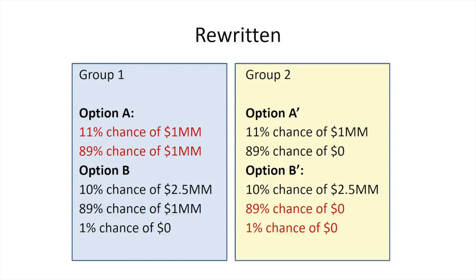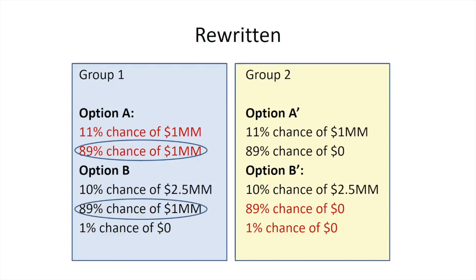Now I can apply the principle of cancellation from economics. Looking at the blue box, both option A and option B have one element in common: in both options, there is an 89% chance of winning 1 million. So I can delete that 89% chance of winning 1 million from both option A and option B and replace it with an 89% chance of nothing in both conditions.